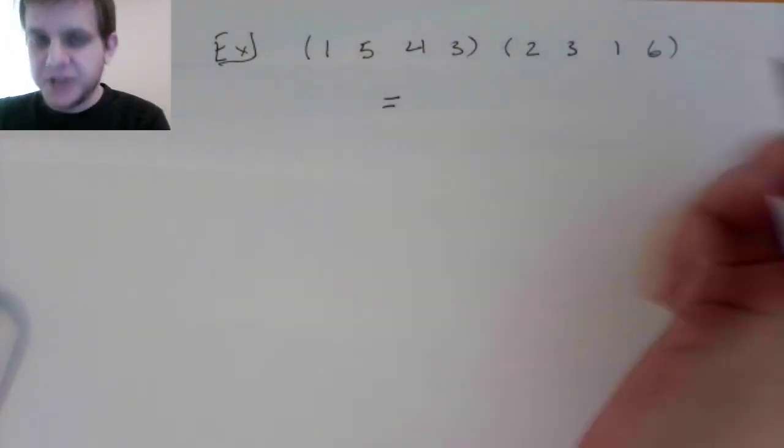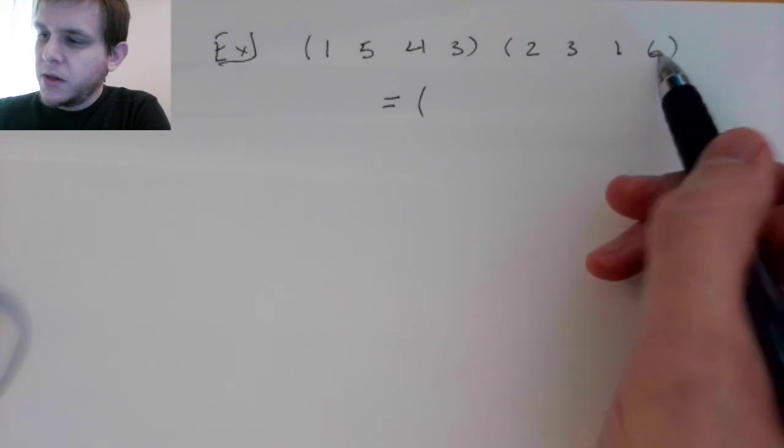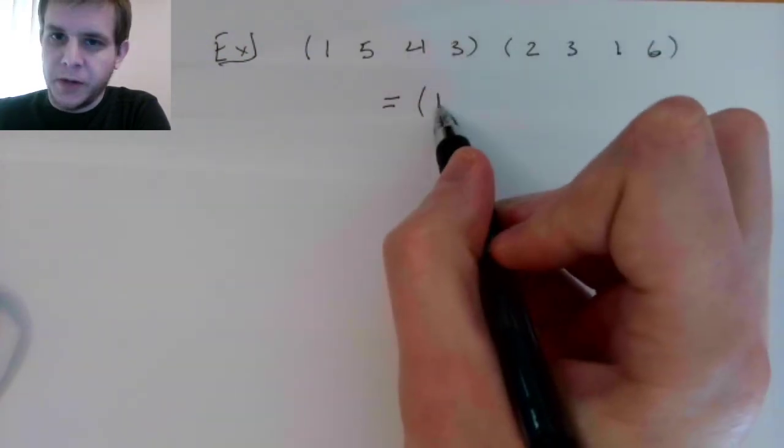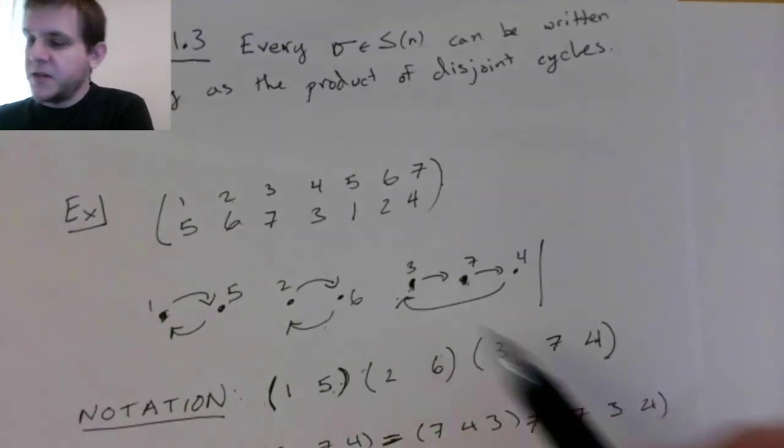Okay, again, I just want to list out the cycles that appear. I want to build up all of the cycles that appear in this way.